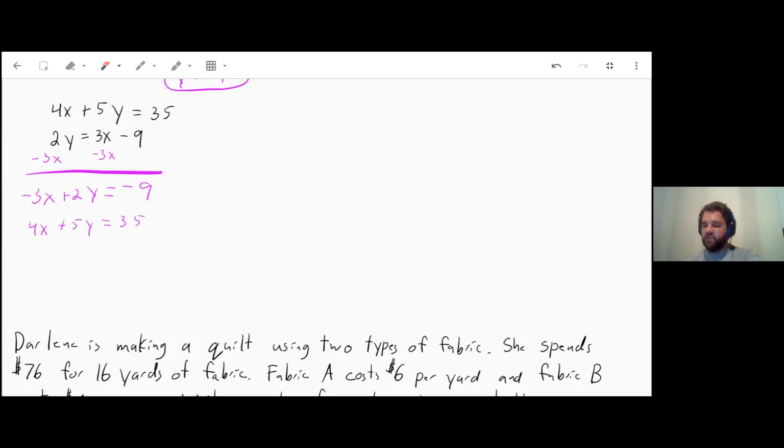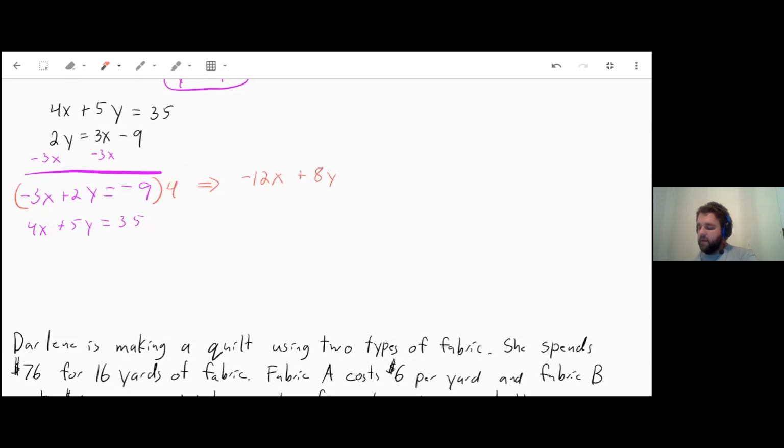And because of that, I actually really like this 3 and the 4, because for some reason, I immediately just know 12. 12 is going to be a good number to try to multiply those two to. So if that's the case, that -3x equation, I'm going to multiply that whole equation by 4, which will then give us -12x plus 2 times 4, which is 8y, equals -9 times 4, which is -36.